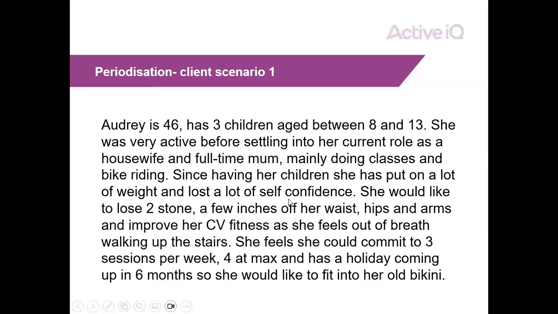So I haven't put anything in there that's going to be too aggressive or make her feel uncomfortable. It's very progressive. A few inches off the waist, hips, arms, improve her CV fitness. 3 sessions, 4 at the max. She's got a holiday coming up in 6 months. There's nothing in there that talks about upper body strength or power, lower body strength. There's nothing jumping out at me with Audrey.